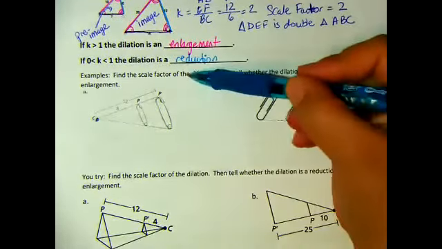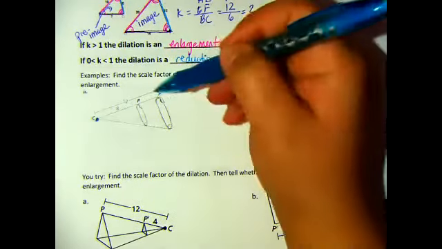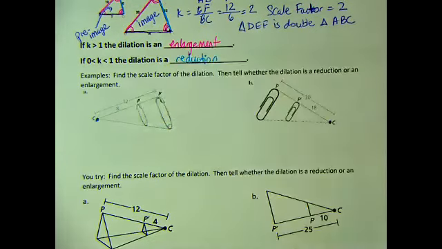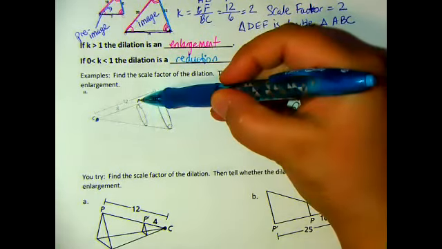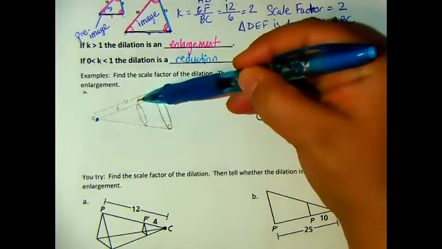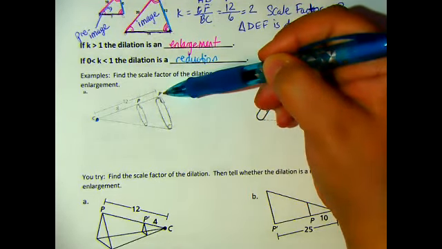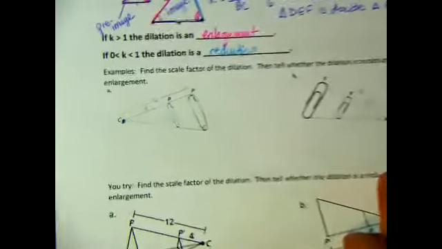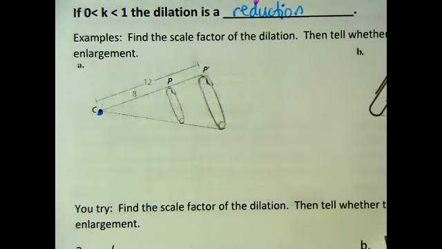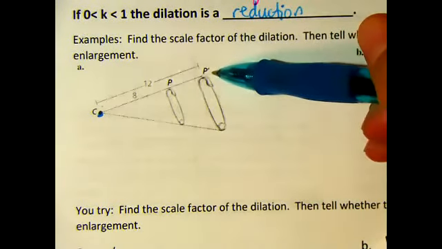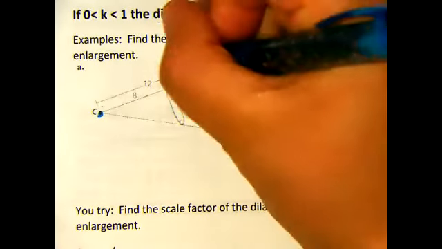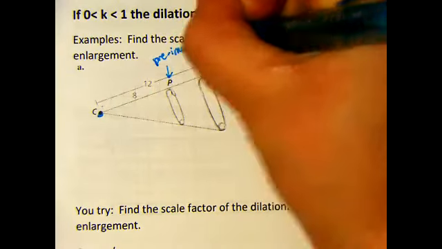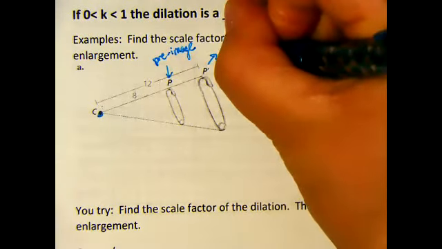To find the scale factor, we're going to use the distance of a point from the center of dilation. So we're looking at point P and P prime. Whenever you have a regular point like that, and then that same point with a prime, this tells us that P is our pre-image, and the prime is our image.